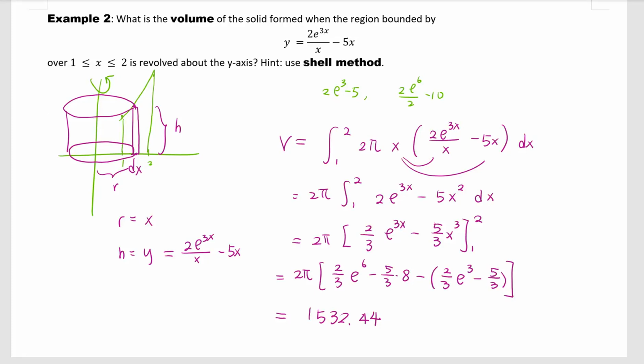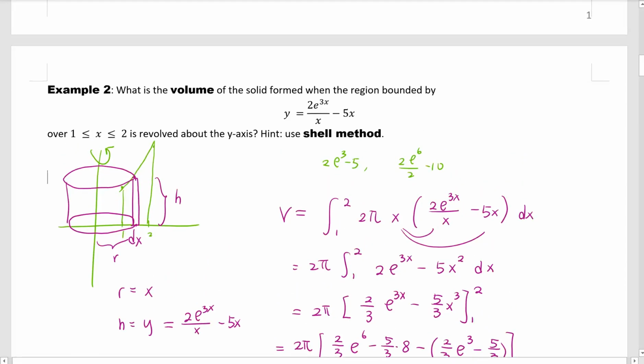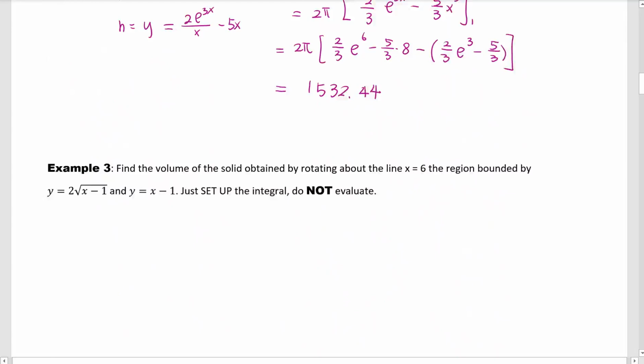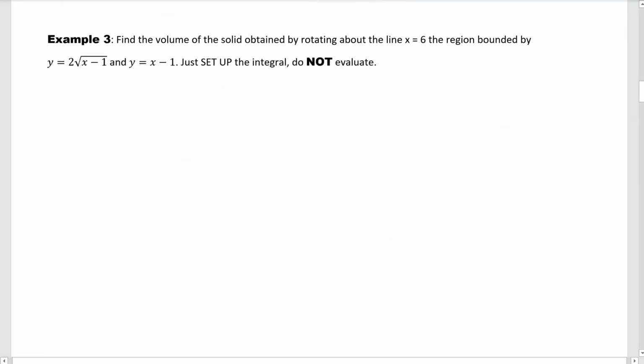Please help me check my work. Do you have the same answer? Yes, so sometimes I might make mistakes. If you find my mistake, please let me know. That's why I always tell my students, please try your answers again and again in your exams after you're done, because sometimes even I make mistakes when I write down the solution.